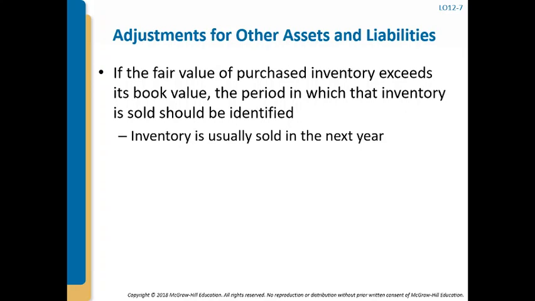Now, if you purchase inventory that exceeds its book value at the time of the investment, the period in which that inventory is sold should be identified. That's a little beyond the scope of this chapter. That's something we'll address in advanced accounting, but just so you know that.